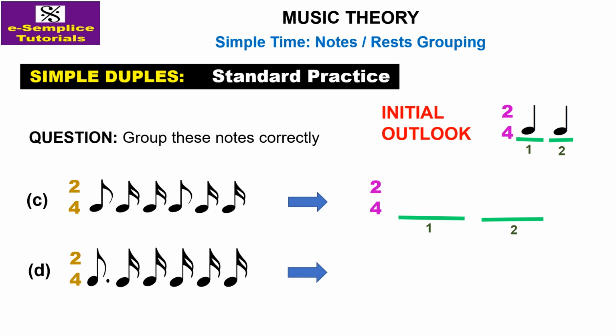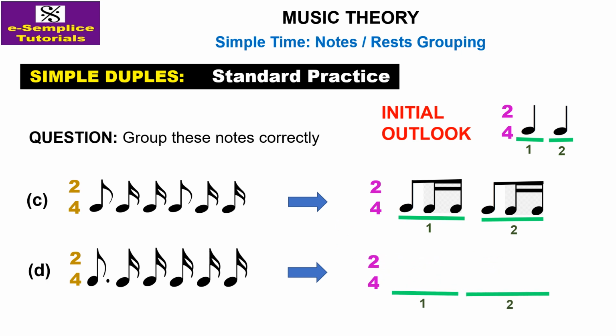Group the notes in crotchets, because 2/4 is 2 crotchet beats per bar. Beat 1, you have a quaver and 2 semiquavers that will form a crotchet. Beat 2, quaver and 2 semiquavers, you get your beat 2.